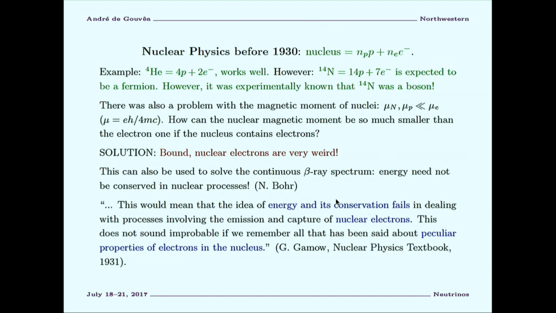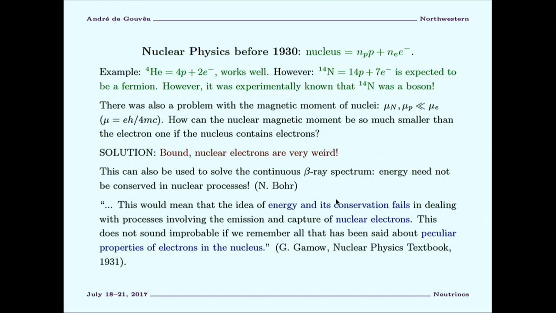That sounds very puzzling because you're postulating that your nucleus is made out of a lot of electrons. And somehow the contribution of these electrons to your magnetic moment cancels out. Because otherwise you would expect the magnetic moment of your nucleus to be mostly of order the electron magnetic moment, and that turns out to be wrong. So these are all these problems that people were running into with our understanding of nuclear physics in the 1920s.